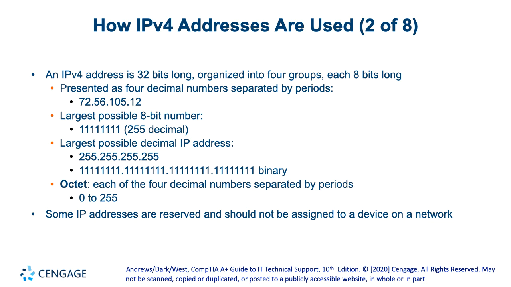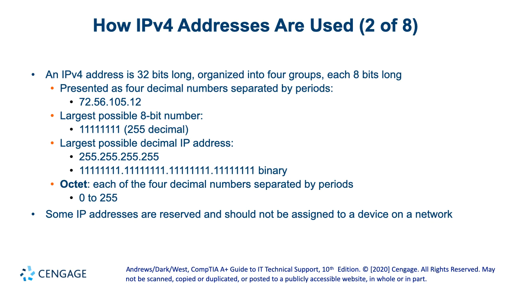The largest possible number we can have in each of the 4 octets is 255, as we are 0 based. So the numbers can range between 0 and 255 and are separated by a period between each of the 4 numbers. An example of an IPv4 address is 72.56.105.12.